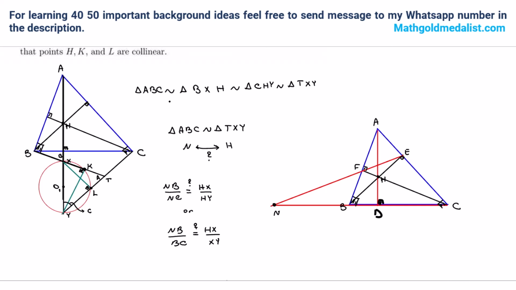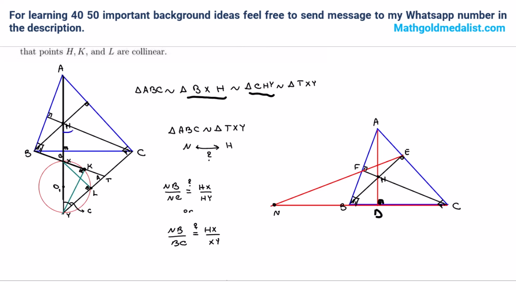Which two triangles can you say again? CHY and BXH. Let me consider CHY.